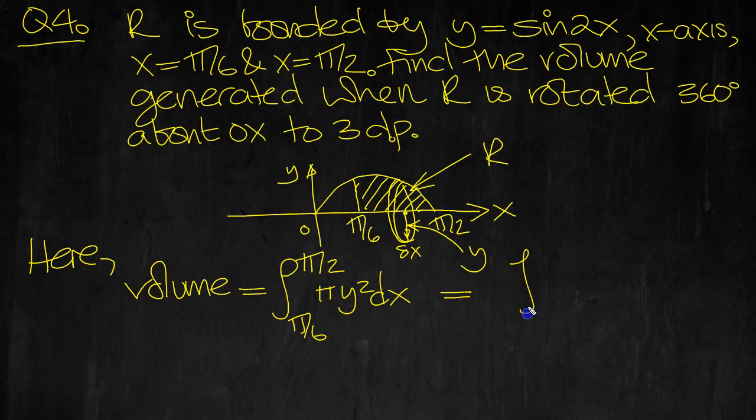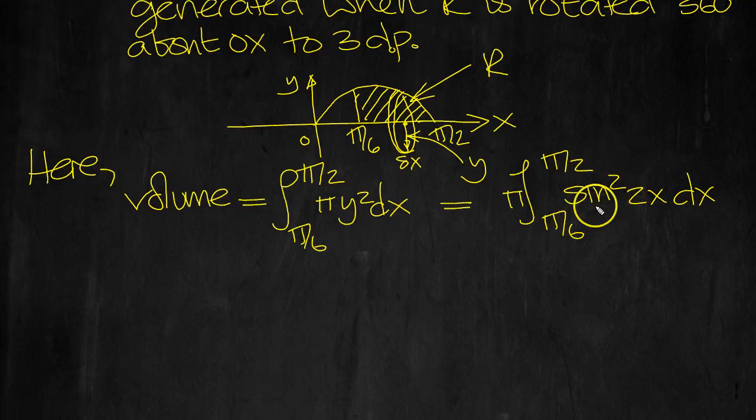now we've got the integral from pi over 6 to pi over 2, put the pi outside here, pi lots of, y squared is sine squared 2x dx. Okay, let's use the double angle formula then. Sine squared. Now, the double angle formula is cosine 2x is equal to 1 minus 2 sine squared, isn't it?